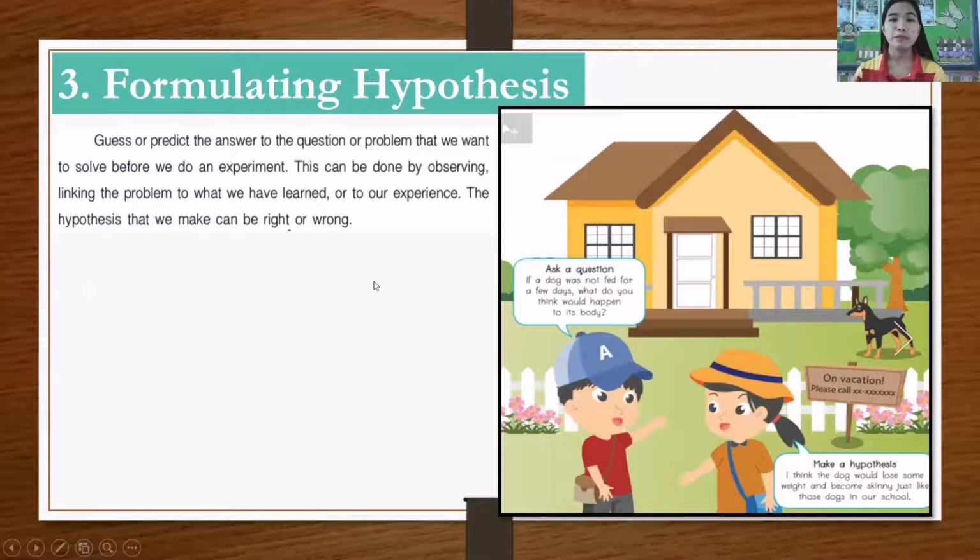This can be done by observing, linking the problem to what we have learned or to our experience. The hypothesis that we make can be right or wrong. This is an example. They are asking a question and they are guessing or predicting. So that is number 3, formulating hypothesis.